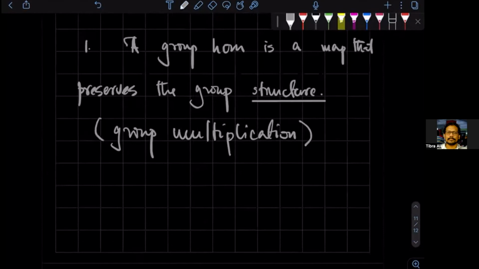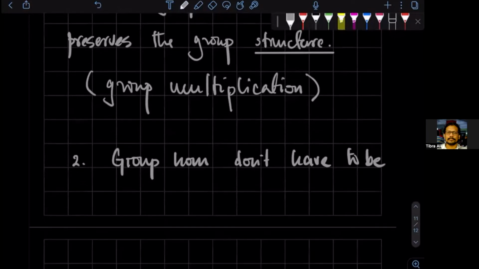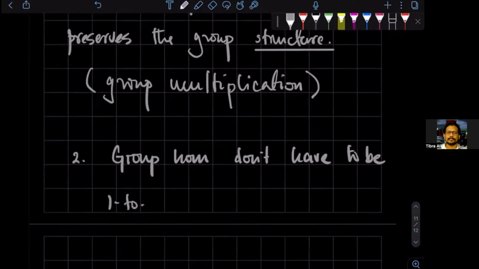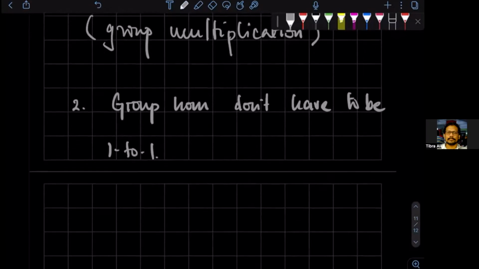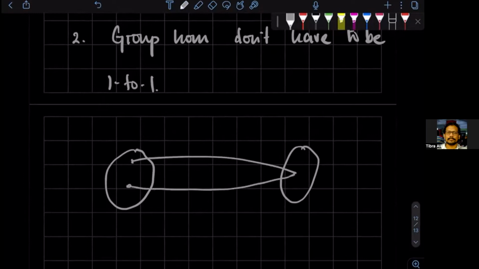So comment number 2 is that, and we shall see examples of this, group homomorphisms don't have to be one-to-one. You can have two groups, and group homomorphisms where two elements map to the same thing.